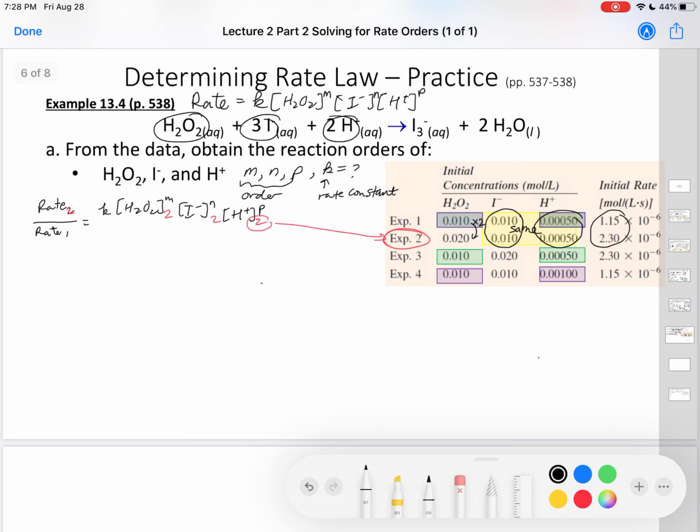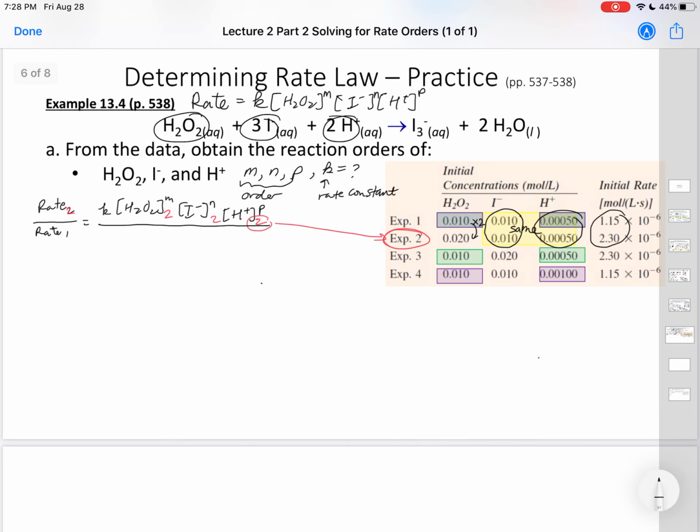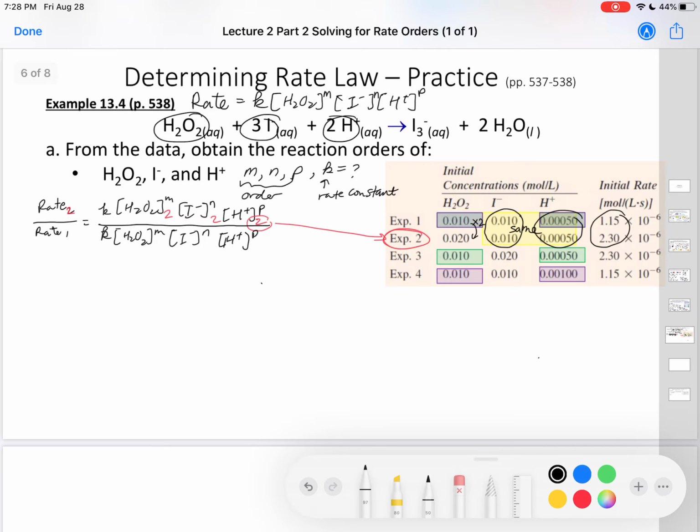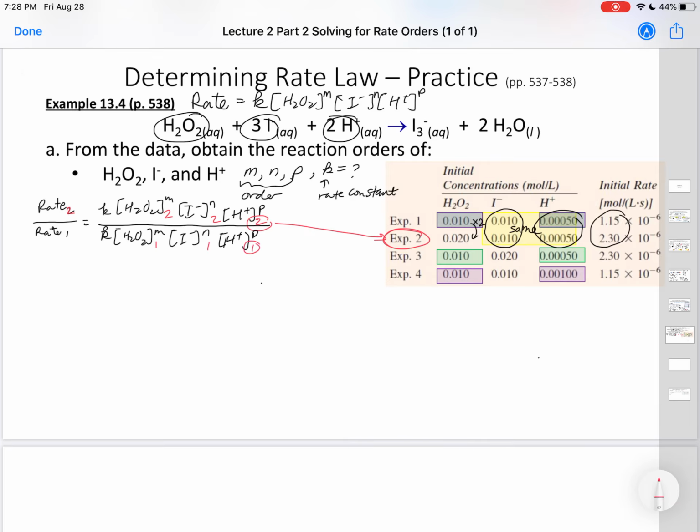Then you're going to, of course, divide by rate 1. And what does rate 1 equal? It equals k times H2O2 to the m, I minus to the n, and H plus to the p, but in this case it is again experiment number 1. So this subscript 1 really refers to experiment number 1.